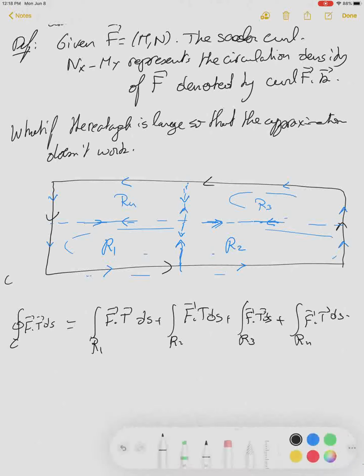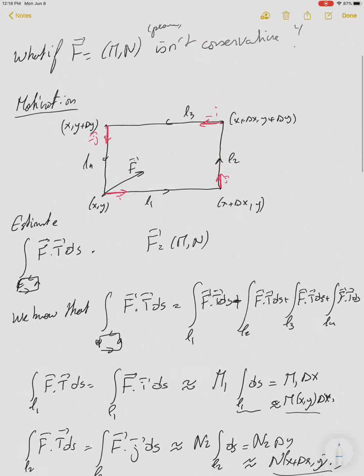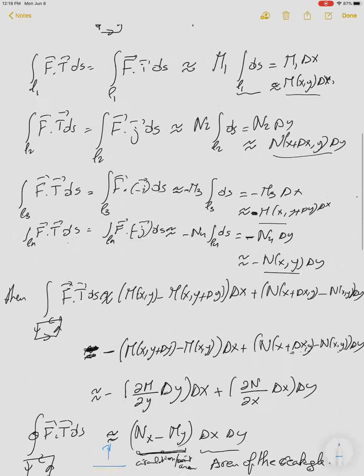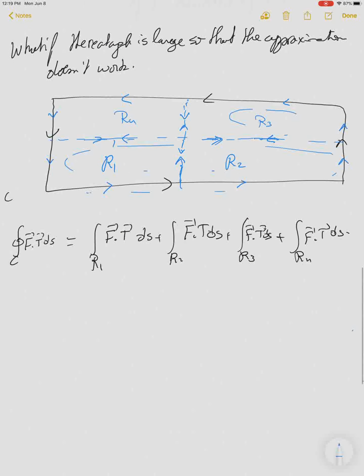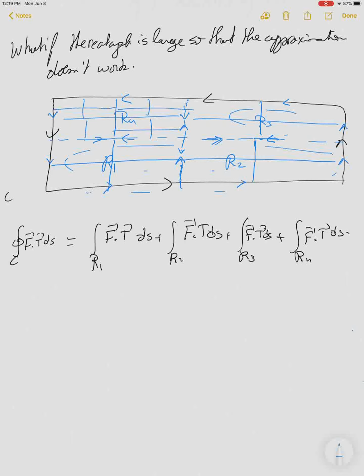But maybe these rectangles are not small enough to use the property that we learned from above. Maybe I cannot approximate as I did here. So what I do is I redivide each of these into 4 pieces, and I keep doing this at every step.